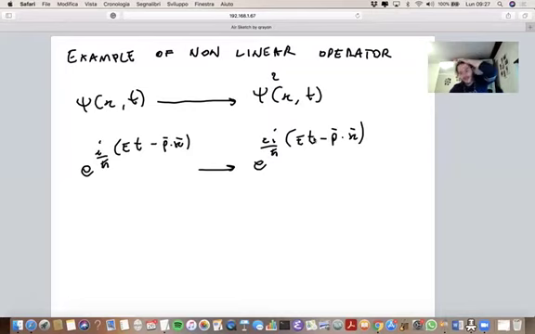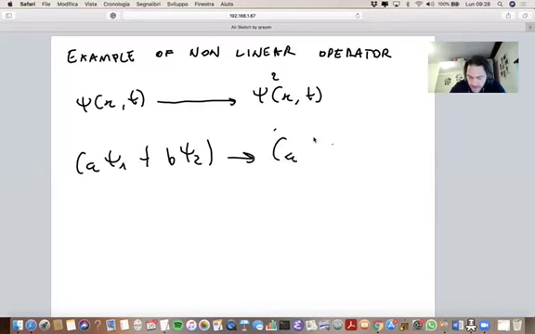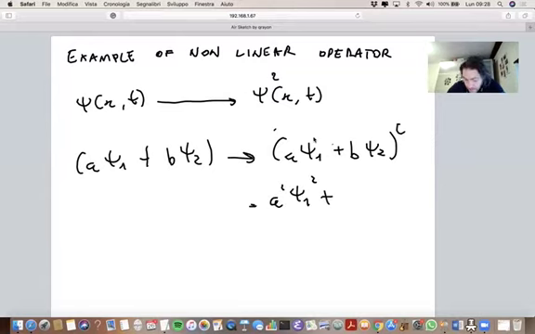Now, it is quite clear that if you take any linear combination of this, you will not get the linear combination squared. So let me say, if I have a linear combination, a psi 1 plus b psi 2, then this will become (a psi 1 plus b psi 2) squared, which will be a squared psi 1 squared plus b squared psi 2 squared, which is what you would expect more or less from a linear combination, with the only exception that here I don't have a and b, I have a squared and b squared.